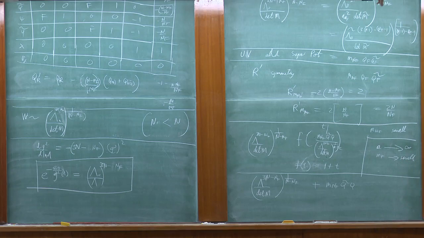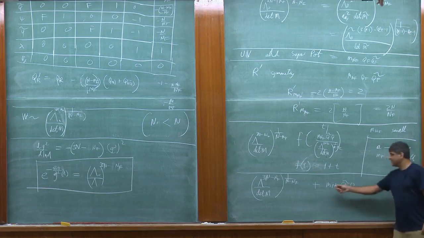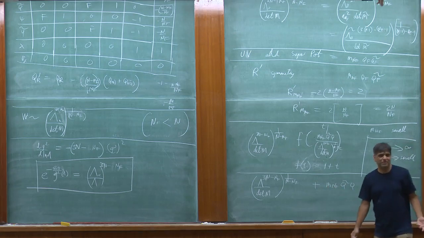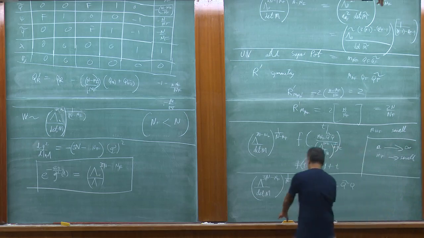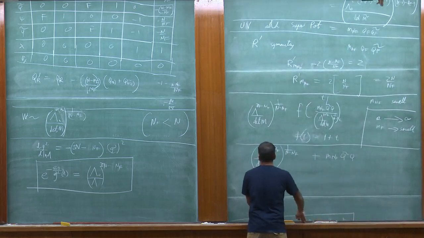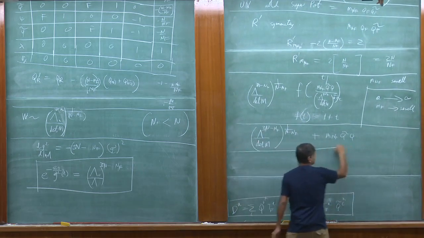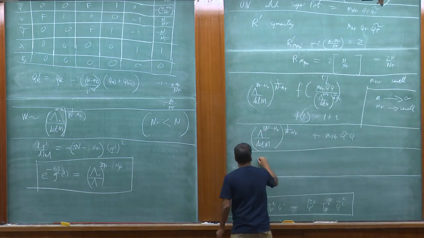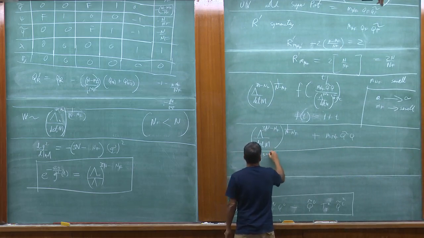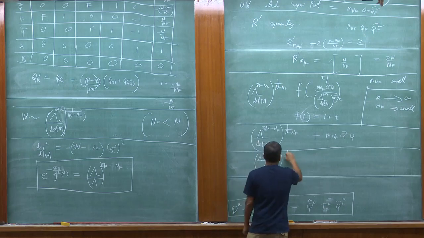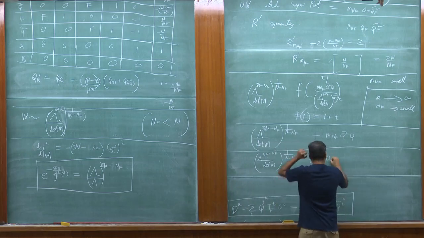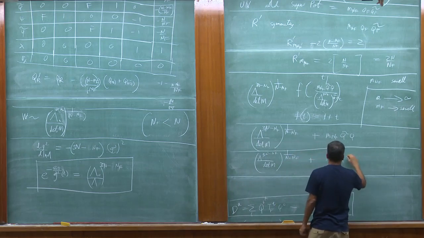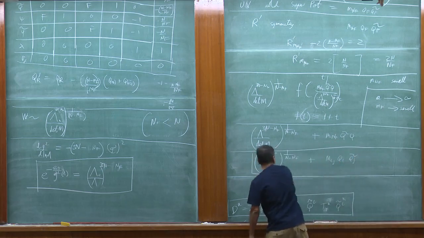What is the generalization of this to turning on a more general mass matrix? Well, it's pretty clear, right? The generalization will be lambda to the power 3 n minus nf by det m to the power 1 over n minus nf, plus m_ij q_i q_j tilde.